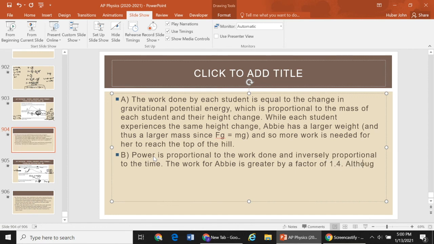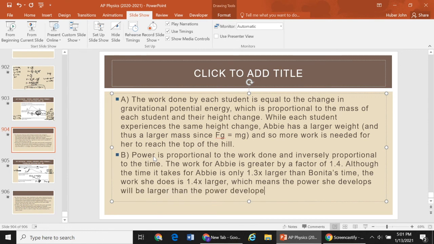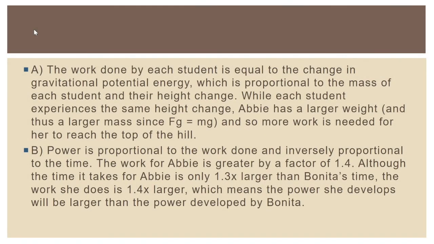We could say although the time it takes for Abby is only 1.3 times larger than Bonita's time, the work she does is 1.4 times larger, which means the power she develops will be larger than the power developed by Bonita. And that's it for number 3.